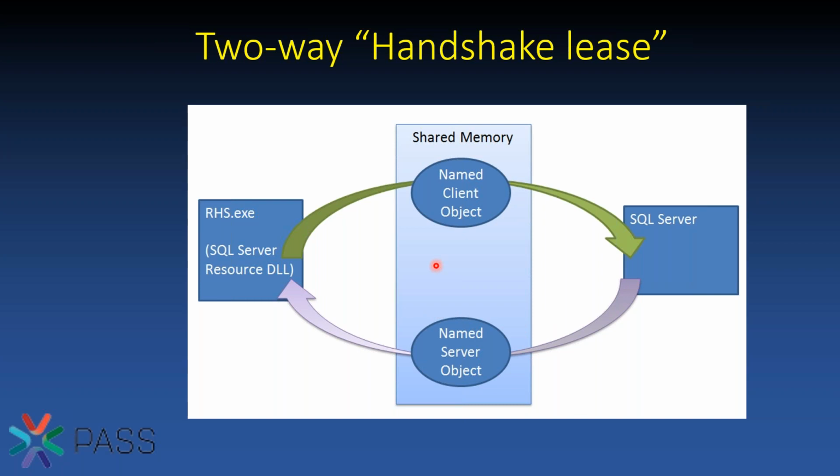The default timeout for a lease is 20 seconds. Every 1/4 of that interval, whatever that timeout is, we're exchanging data in these shared memory locations. So basically every 5 seconds, we are pinging each other back and forth to say, I'm alive, are you alive? Yep, I'm alive, are you alive?